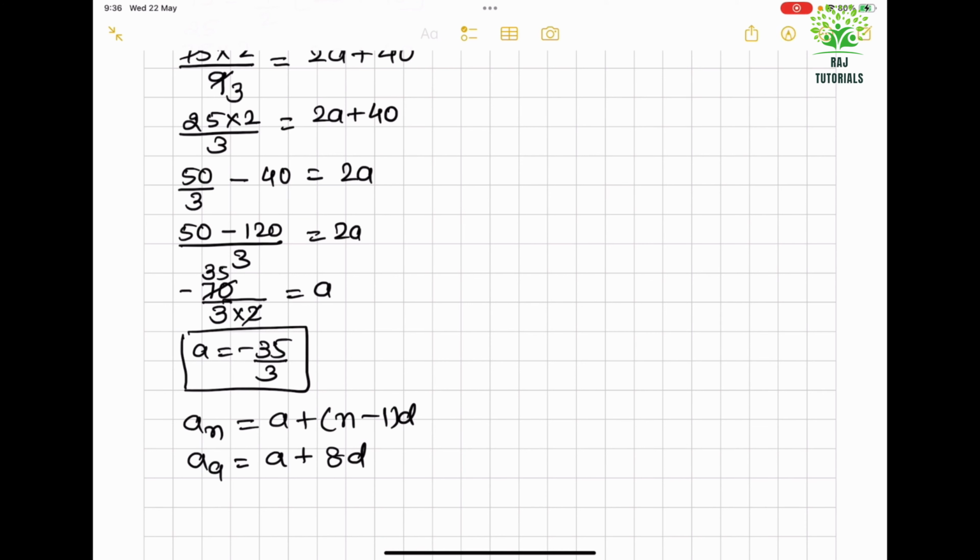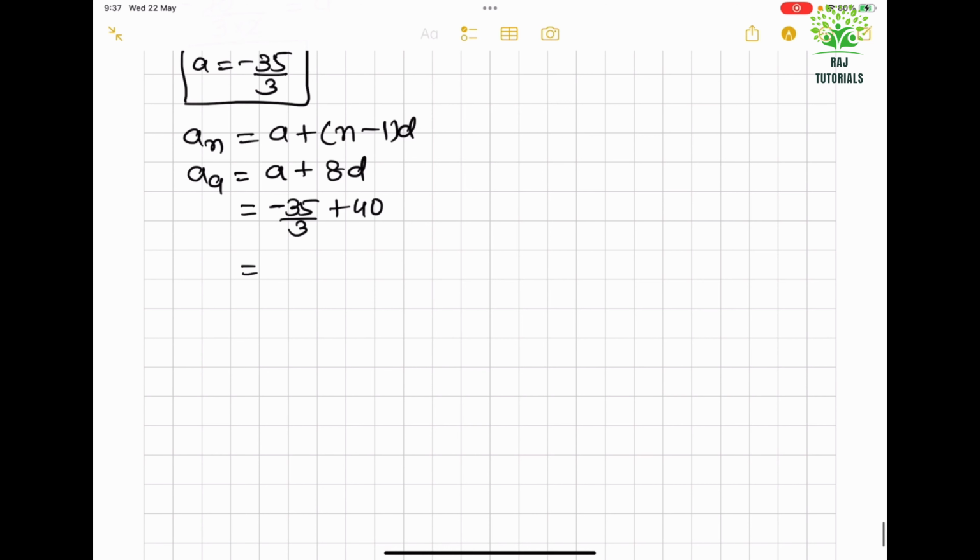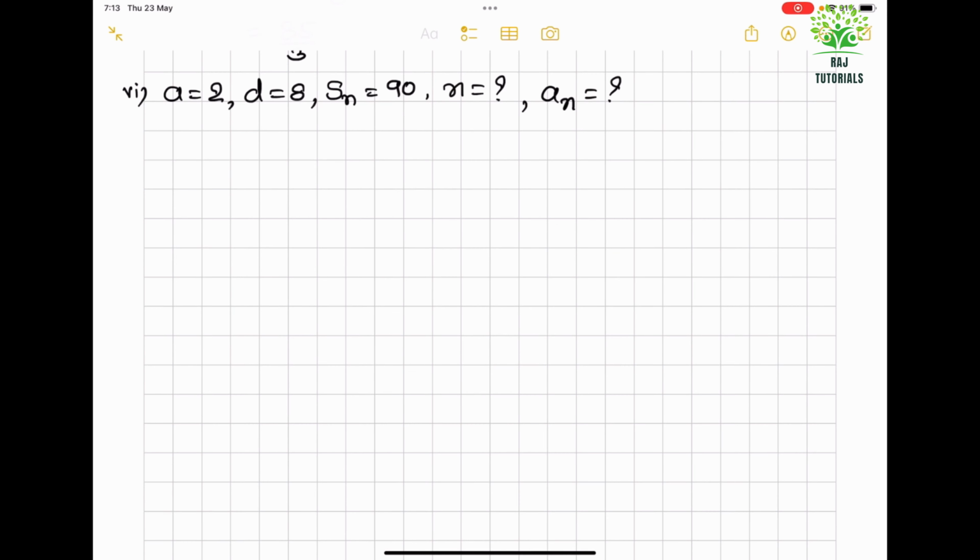So a9 is minus 35 by 3 plus 40. So that will be minus 35 plus 120 upon 3. So that is coming to 85 by 3. Here a is 2, d is 8, Sn is 90, n and an we have to find.